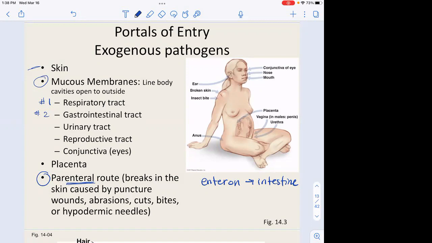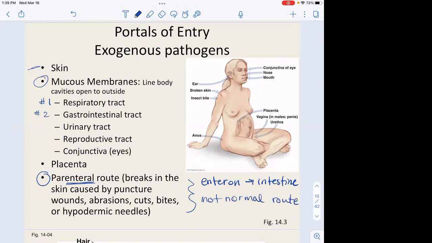So that's intestinal, and par means not or against. So if we say not intestinal, basically that means not the normal route of exposure. So this is a catch-all for not a normal route of exposure.